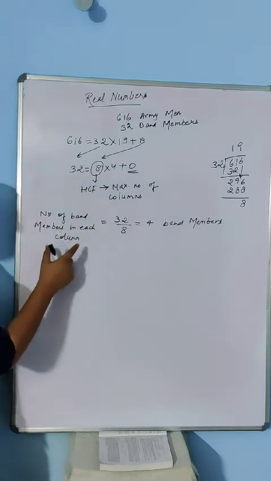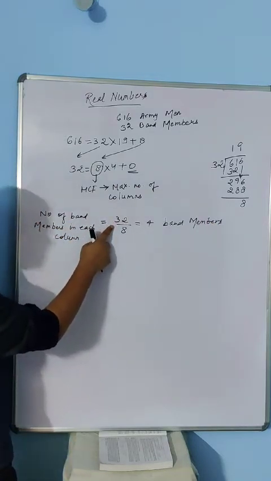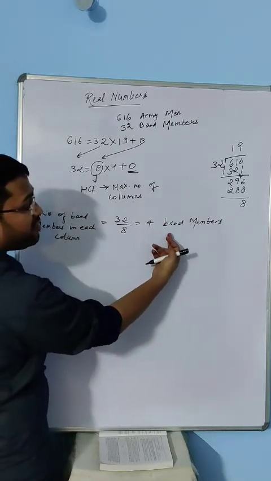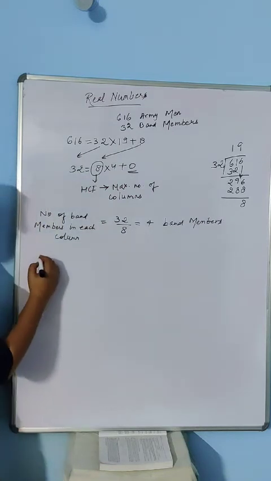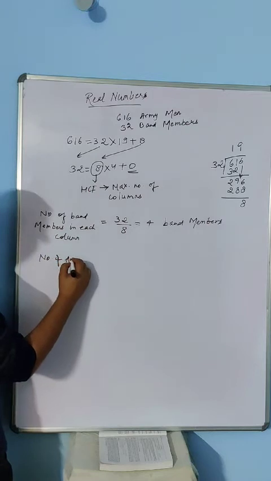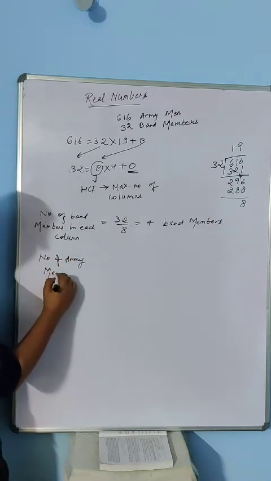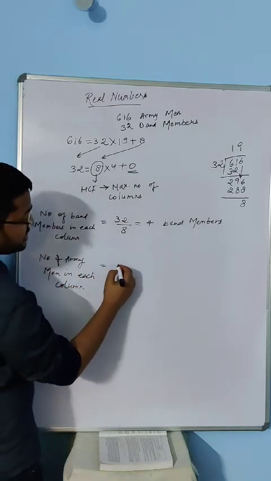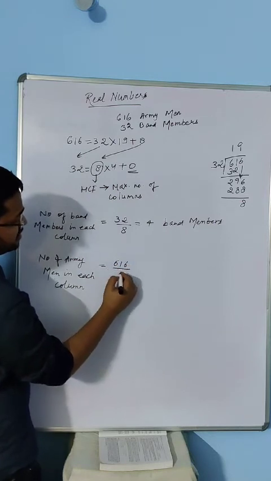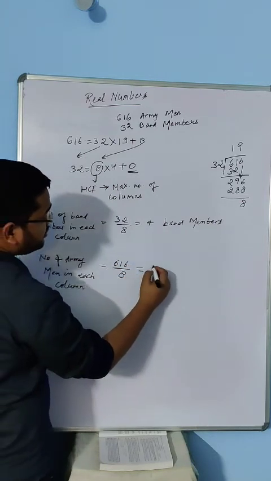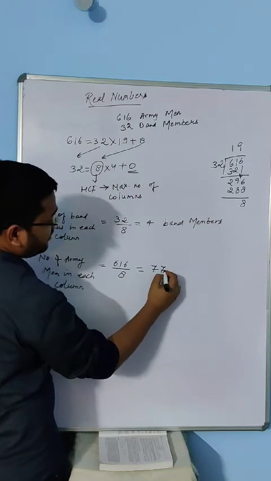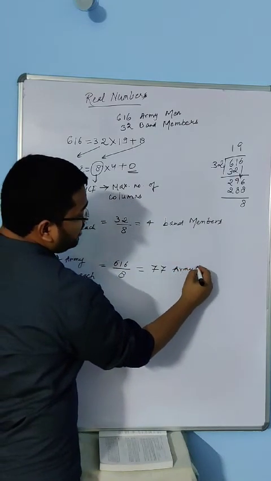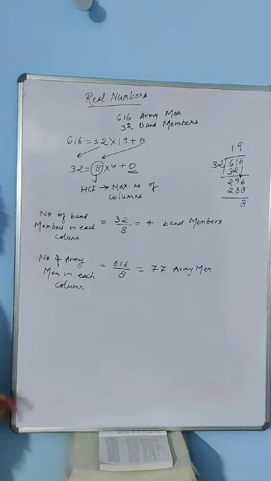So you have 4 band members in each column. Now the number of army men in each column: army men are 616, number of columns is 8, which gives you 77. So you have 77 army men in each column.